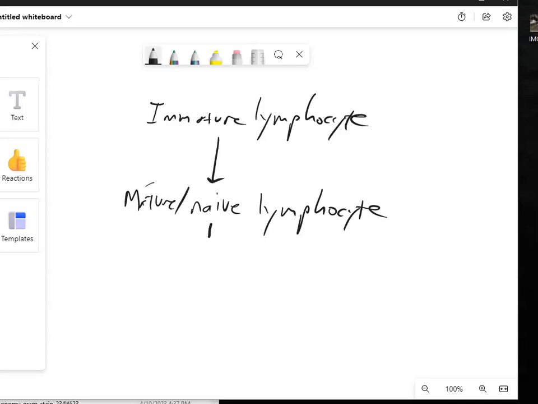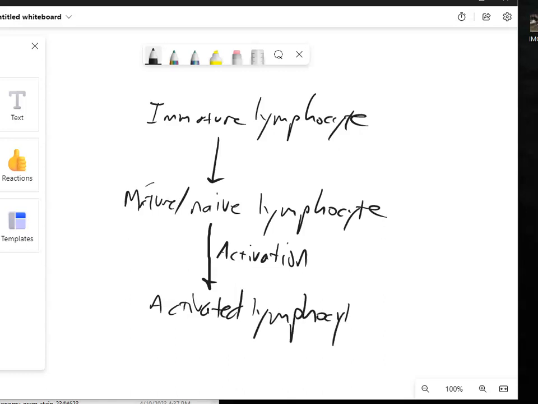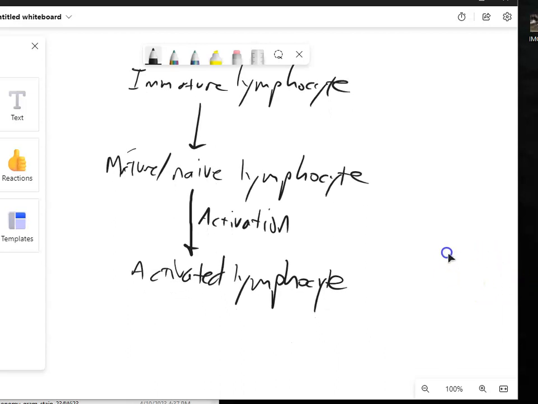So it starts as an immature lymphocyte. The next step is a mature but naive lymphocyte. After it goes through activation, it is an activated lymphocyte, and this is a very short stage in its life.